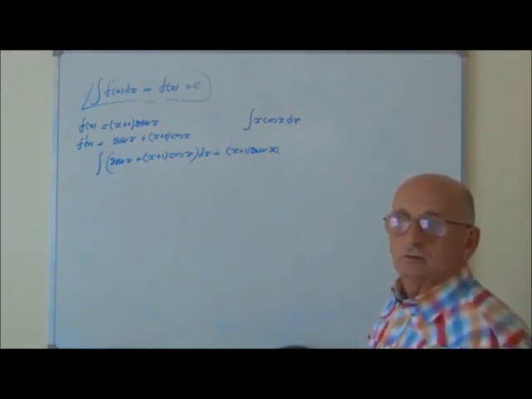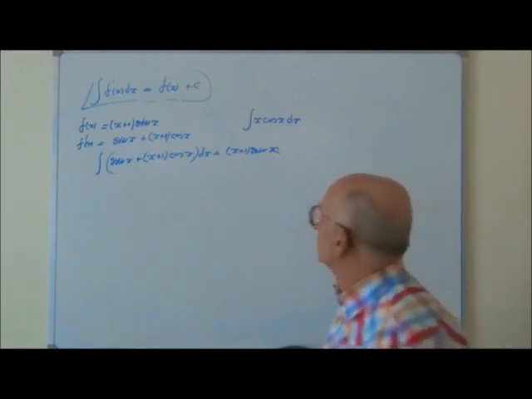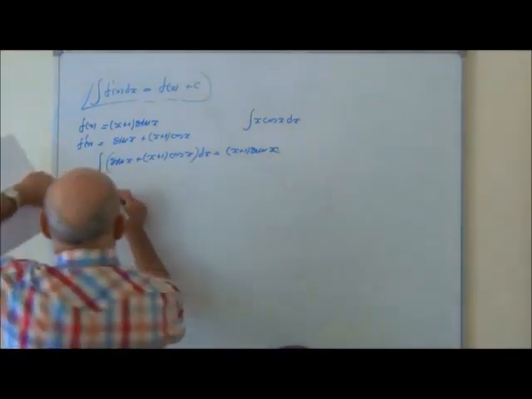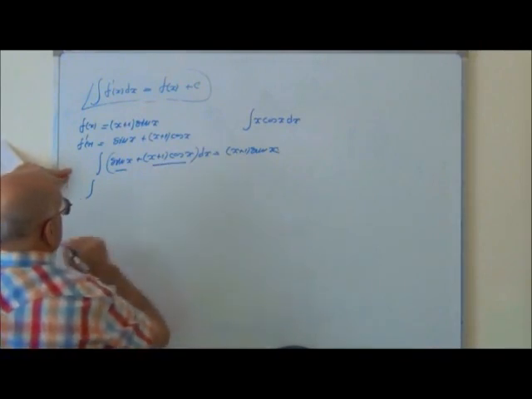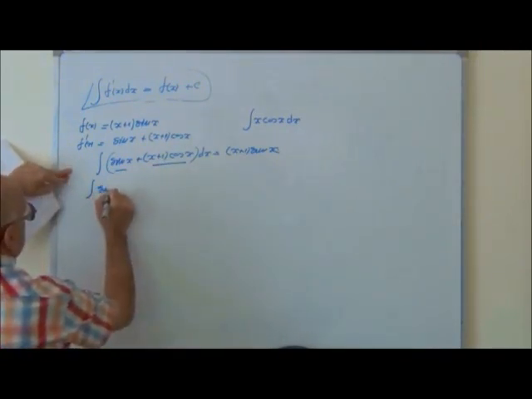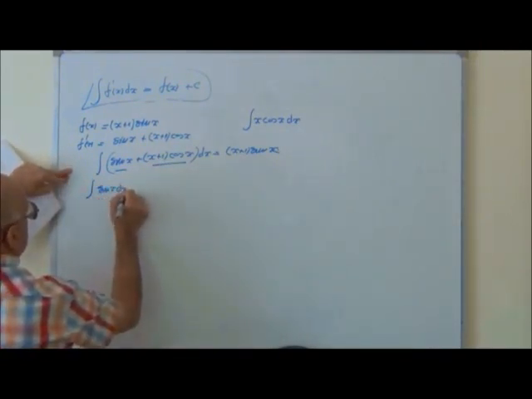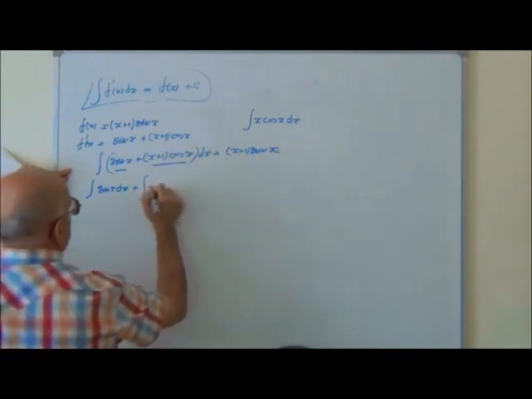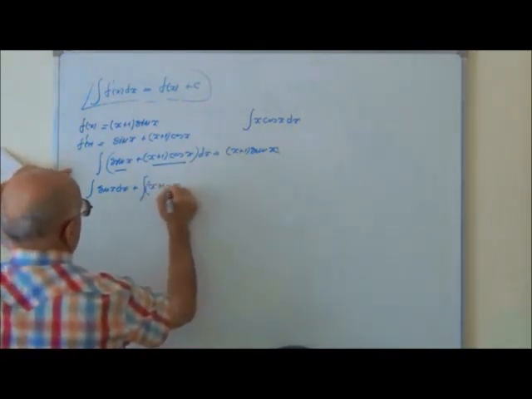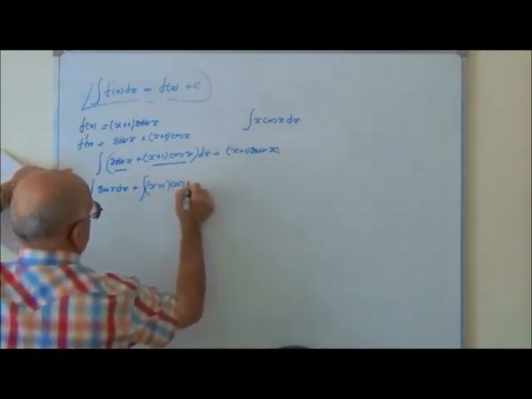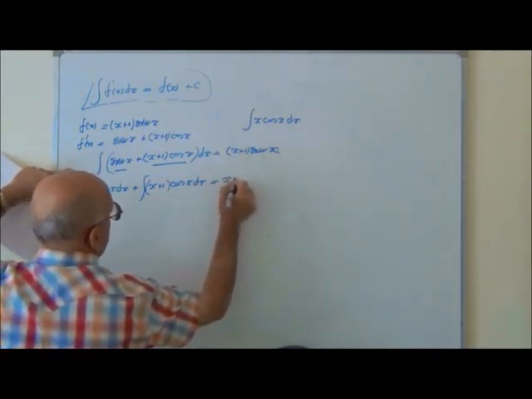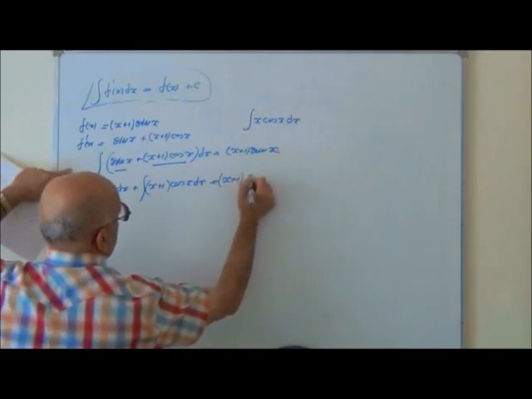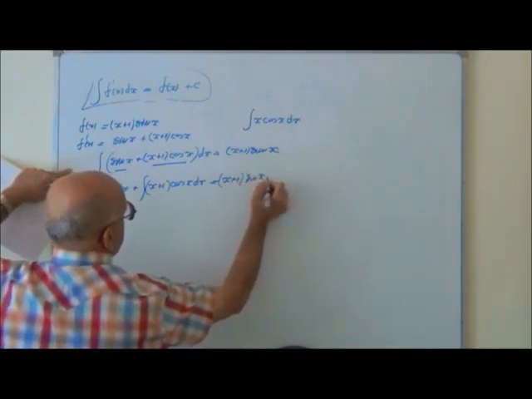Integration rules. If I go for integration rules, I will break this into two integrals: integral of sine x dx plus integral of x plus 1 cos x dx equals x plus 1 sine x.